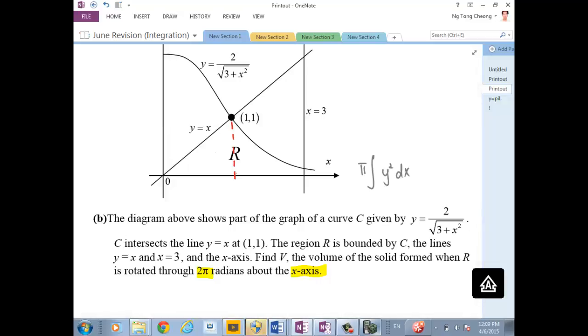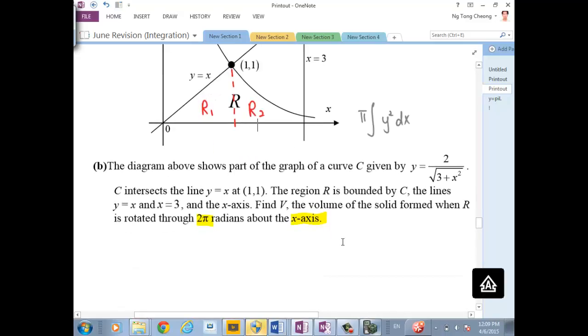I realize here that my R is now split up into R1 and R2, and the volume of R is just equal to the volume of R1 plus the volume of R2. That's what I'm going to find now: the volume of R1 and the volume of R2.